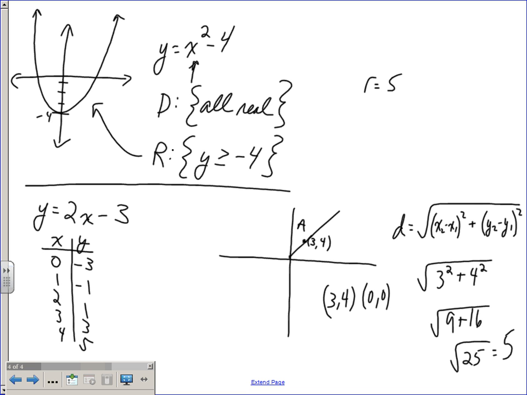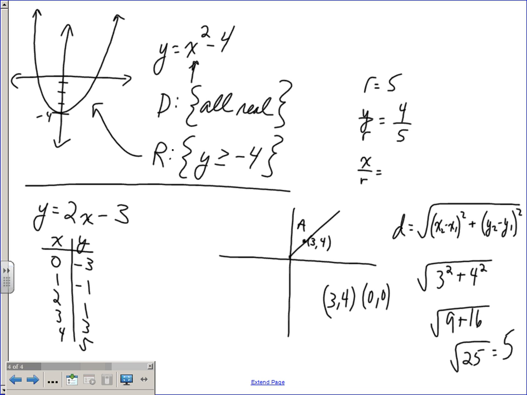The next one they want you to find, what was the first one here? Y over R. Your y value is 4. Your R is 5. Then they want you to find x over r.